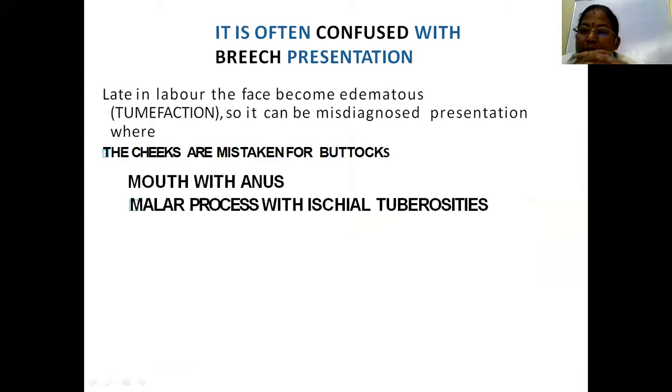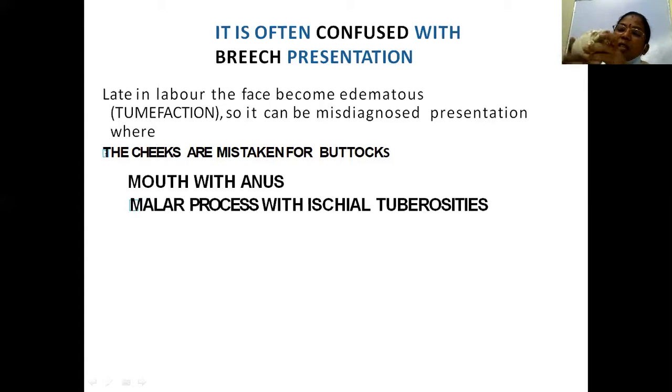The face is a very irregular part, not well fitting into the pelvis like the head. So in late labor, the face becomes edematous, there will be swelling of the eyelids and so on, and it can be misdiagnosed as a breech presentation, as it becomes very soft.